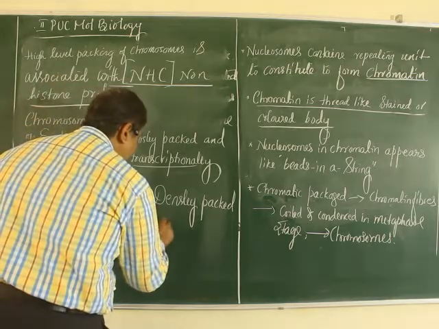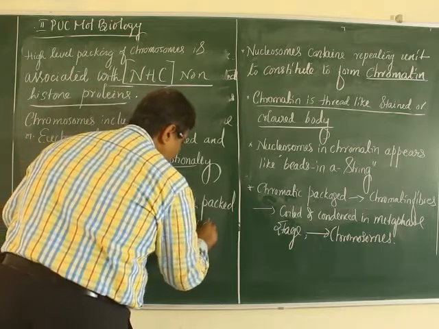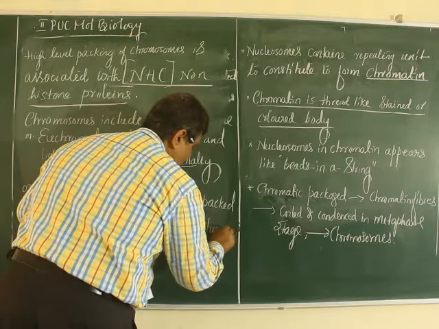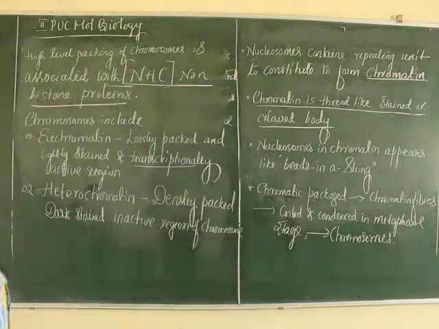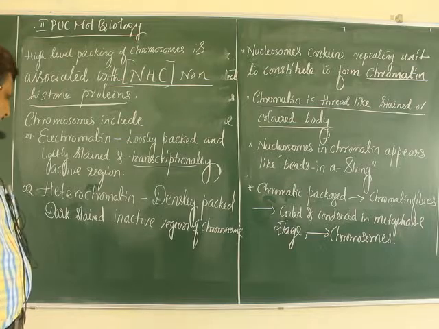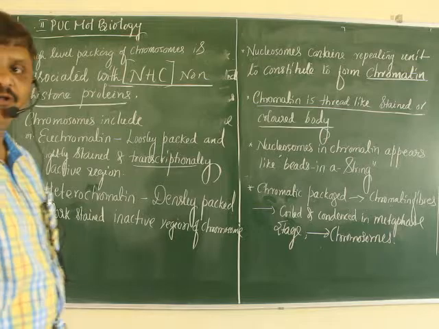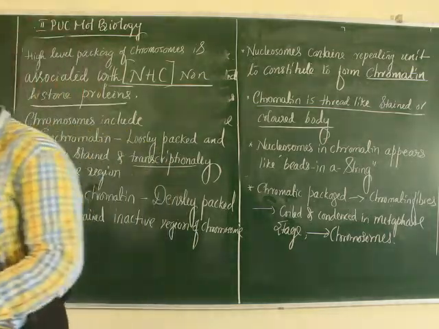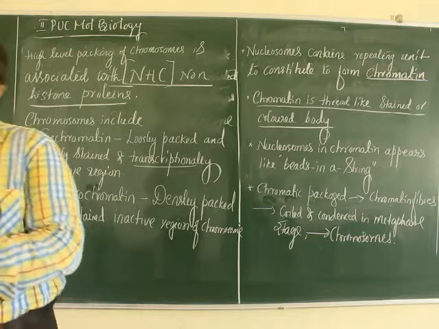So a densely packed, dark stained, inactive region of chromosome is called heterochromatin. So there are two types of chromatin.